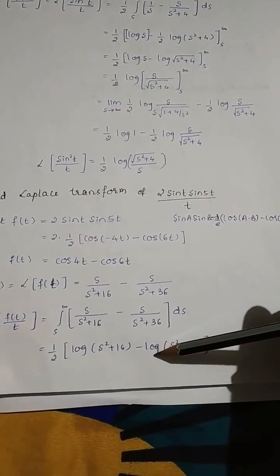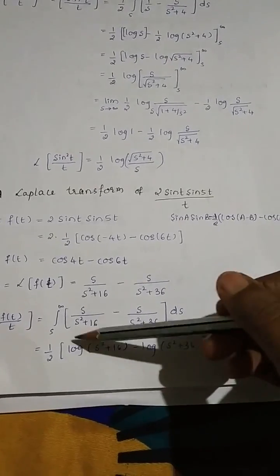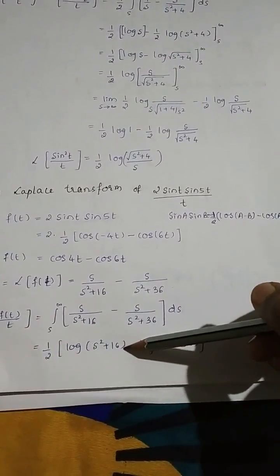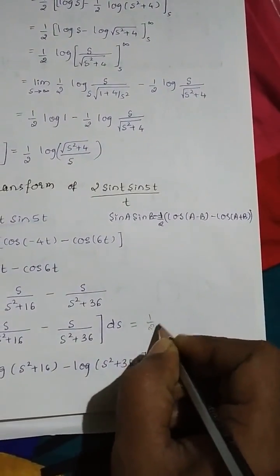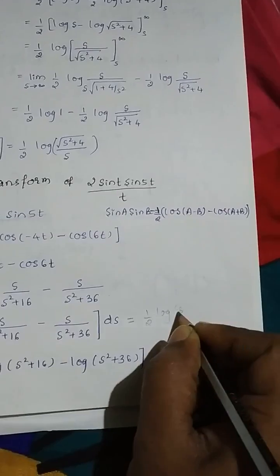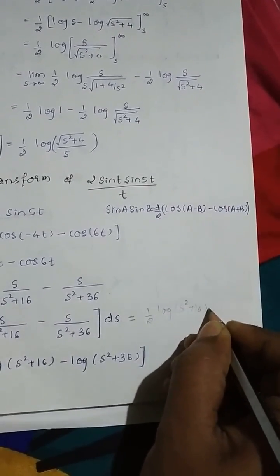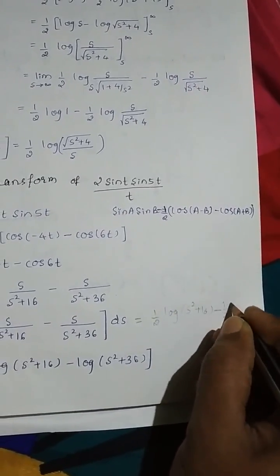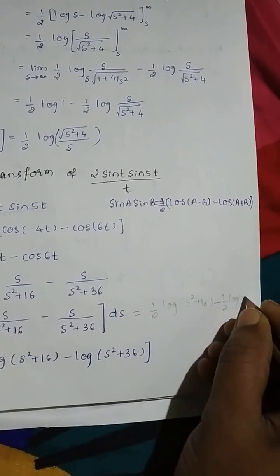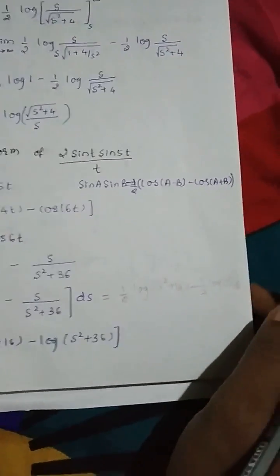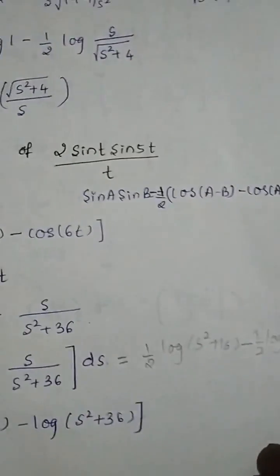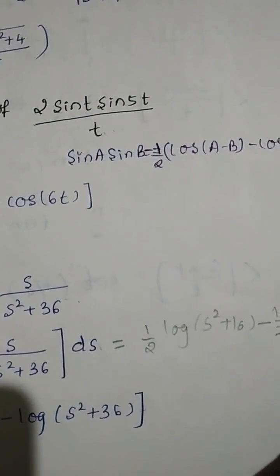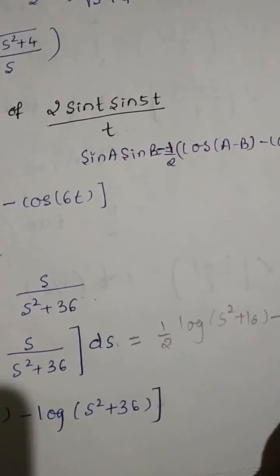That is 1 by 2 log of s square plus 16 minus 1 by 2 log of s square plus 36, between the limits s to infinity.